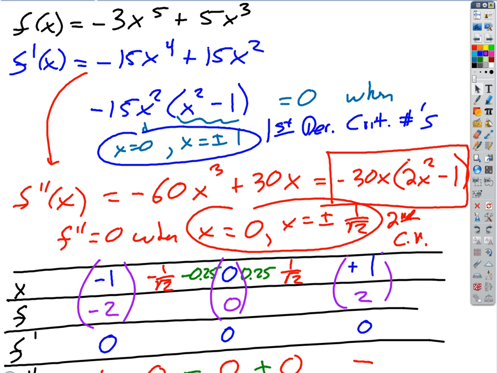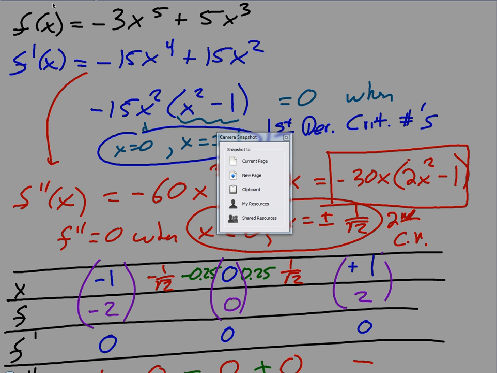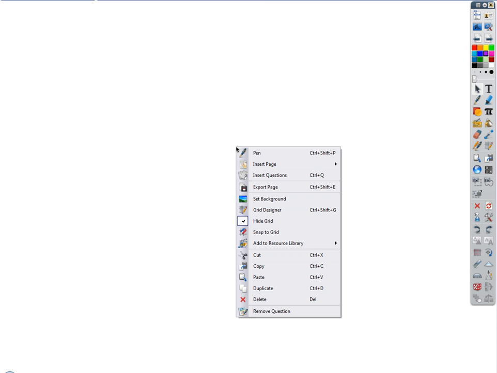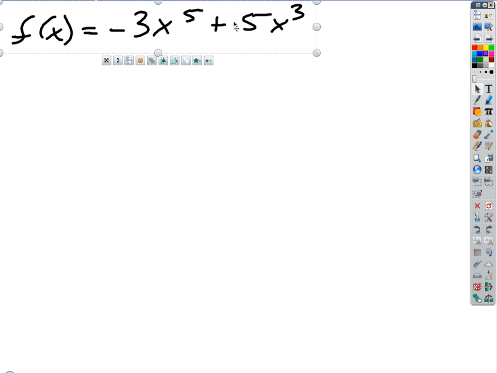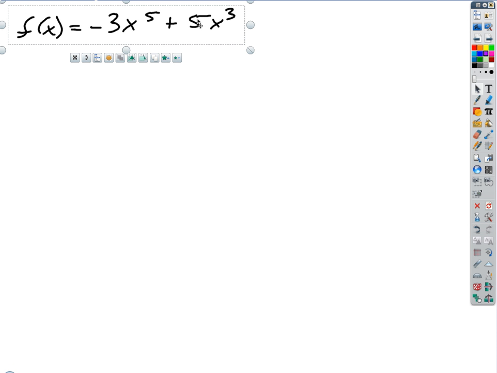So let's take this function, for example, and let's just explore, because this is really simple, and it's all review. You've done this before, whether or not you really emphasized it. Symmetry is a big deal.